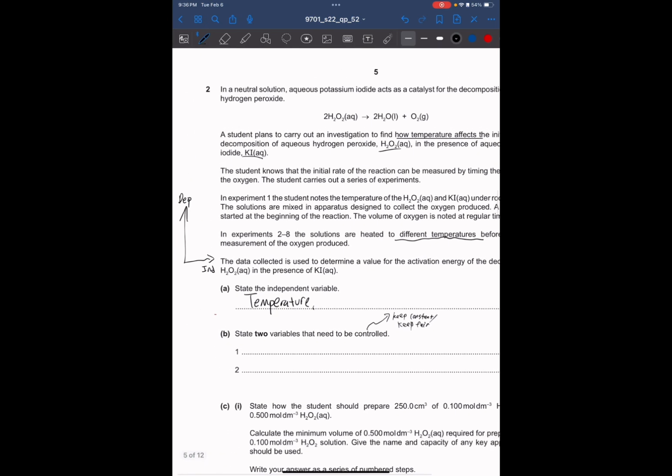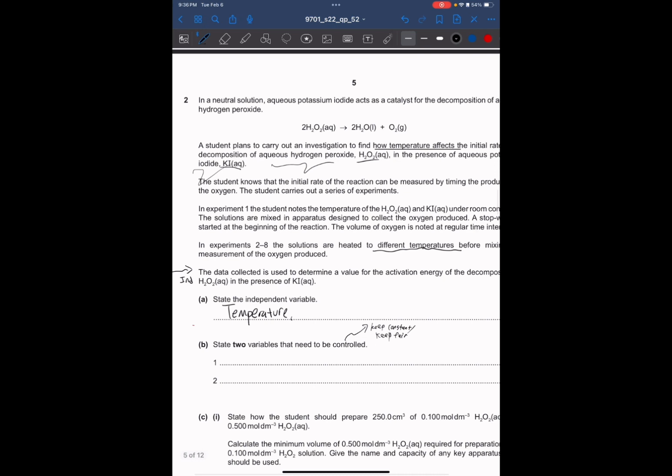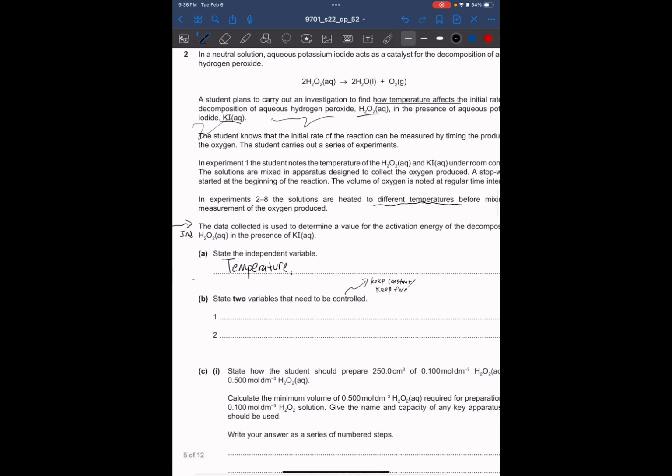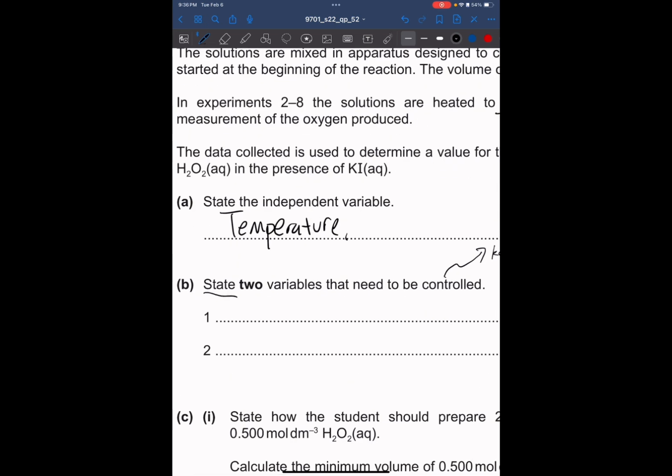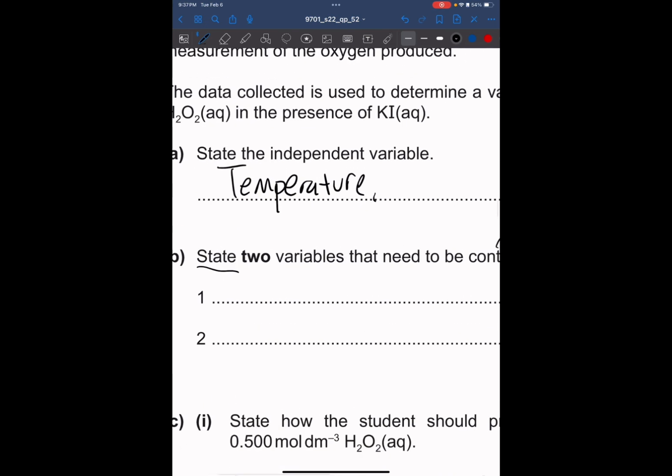The other factors affecting our experiment, like hydrogen peroxide and aqueous potassium iodide, we need to keep constant and control. So we could say that we need to keep the volume of H2O2 constant, the concentration of H2O2 constant, and the volume of the catalyst constant as well. Those are the three possible answers, I would say.